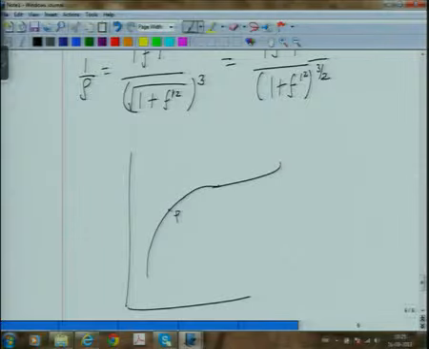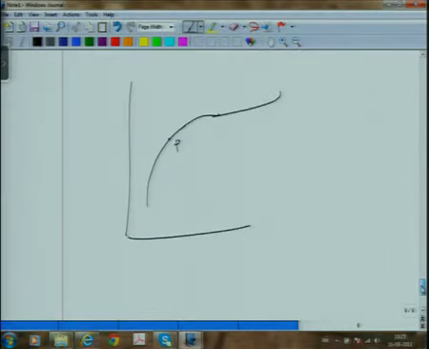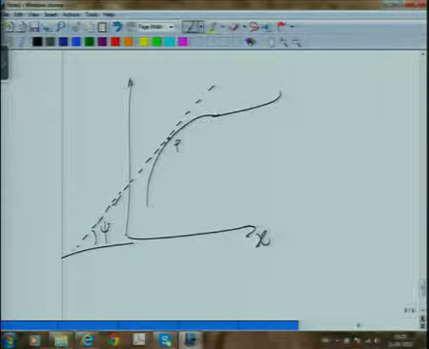If this is the point P, then if I draw the tangent to point P, it makes an angle psi with the x axis.